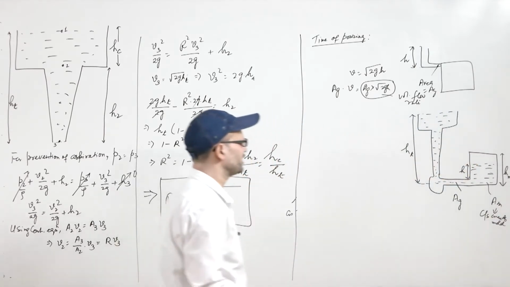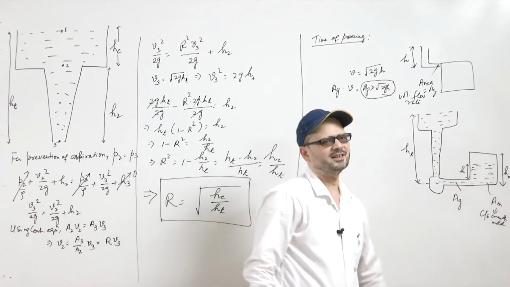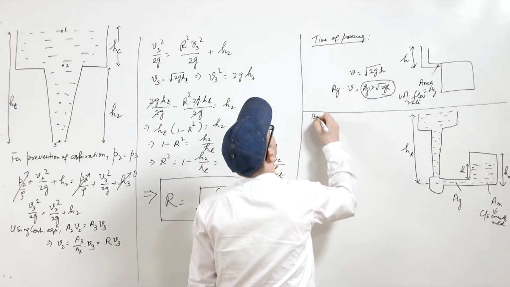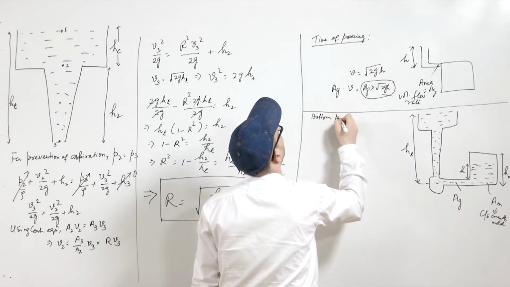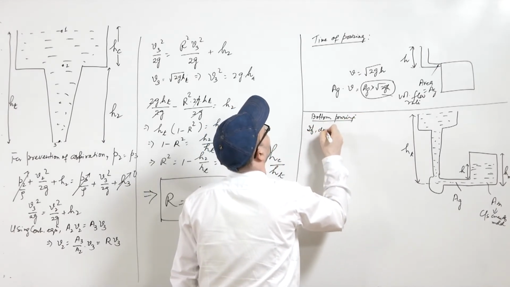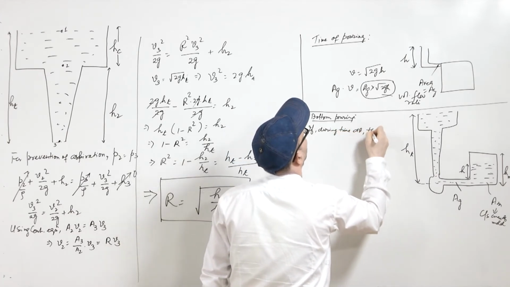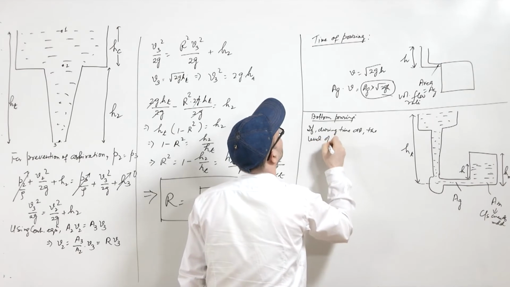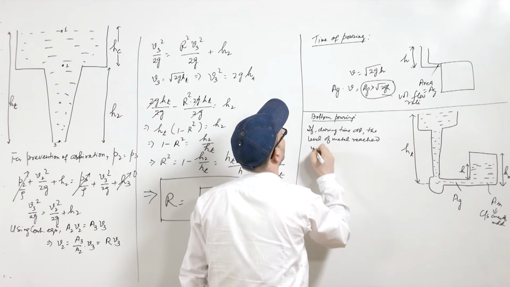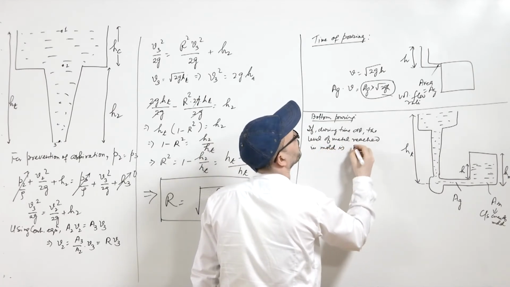Now, what happens in this case, if suppose in the time dt it has come to dh height. So, now we are going to have the case for bottom pouring, and if during time dt the level of metal reached in the mold is h.